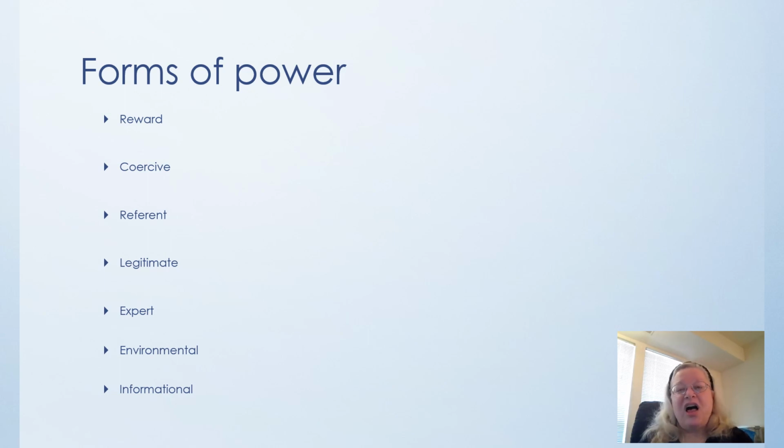Advertisers use this all the time when they put a celebrity in an ad for a product. They're hoping that you will buy that product because you admire that celebrity. So they're utilizing referent power. Think of the word reference. Maybe that will help you to remember this one.